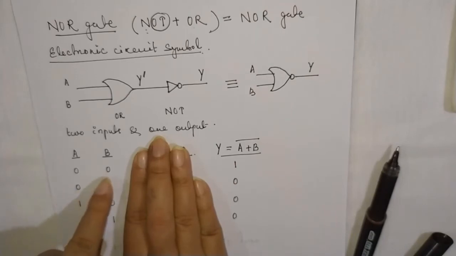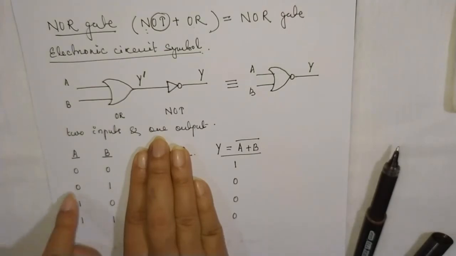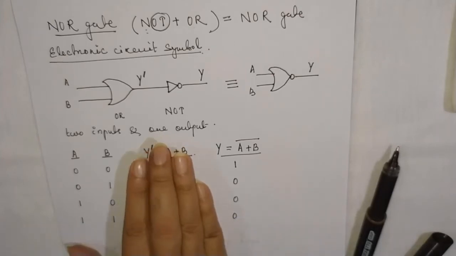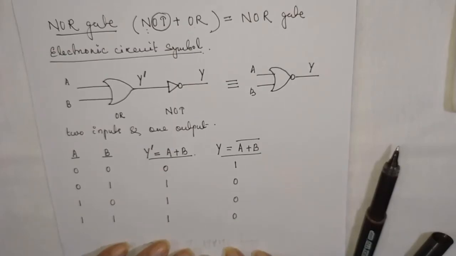So 0, 0 is going to give us high, or 1, which is otherwise known as high. So when the inputs are low, the output is high. And if any one of the inputs is high, the output is low. We are going to prove it by doing the circuit arrangement.